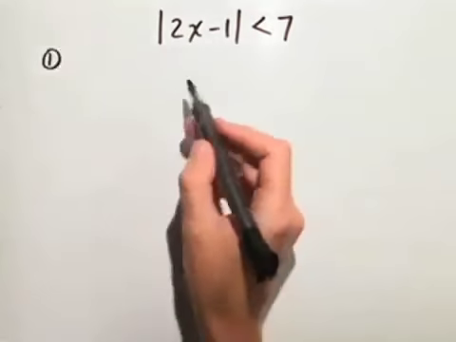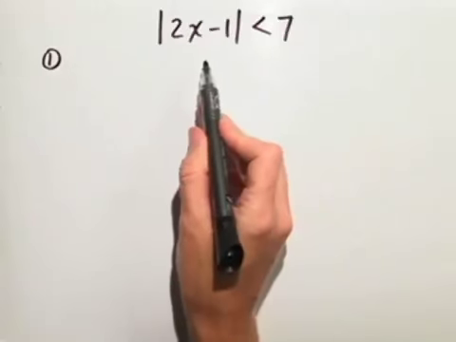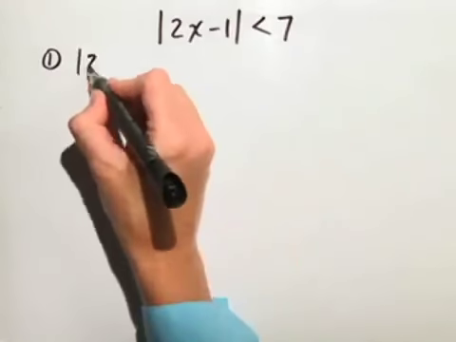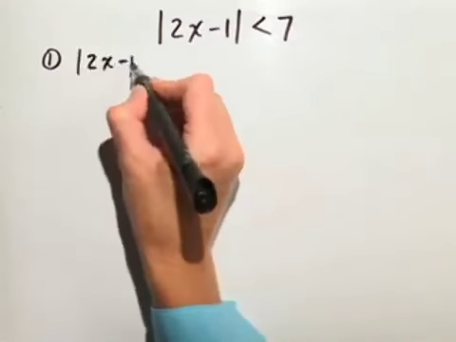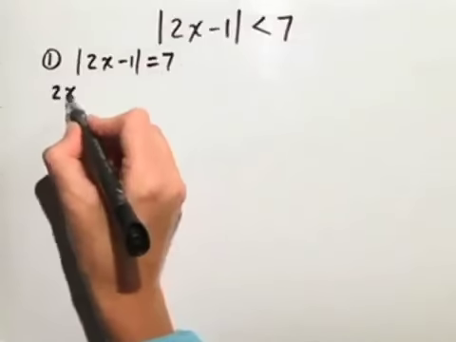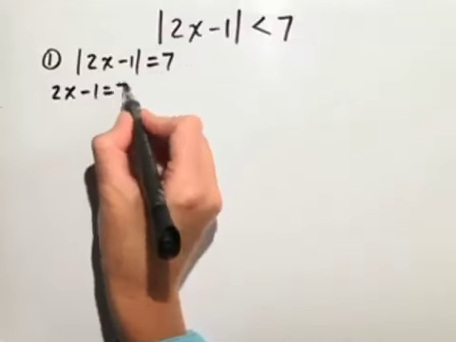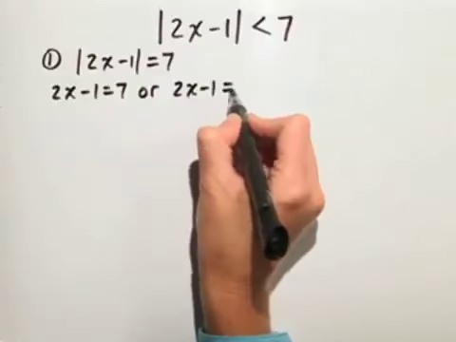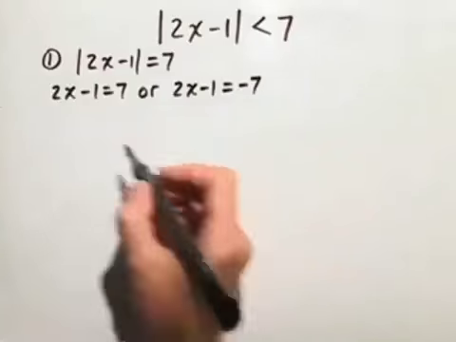The first step, we take this inequality and we make it an absolute value equation. So we solve the absolute value of 2x minus 1 is equal to 7. We solve that by solving 2x minus 1 equals 7, or 2x minus 1 equals negative 7.